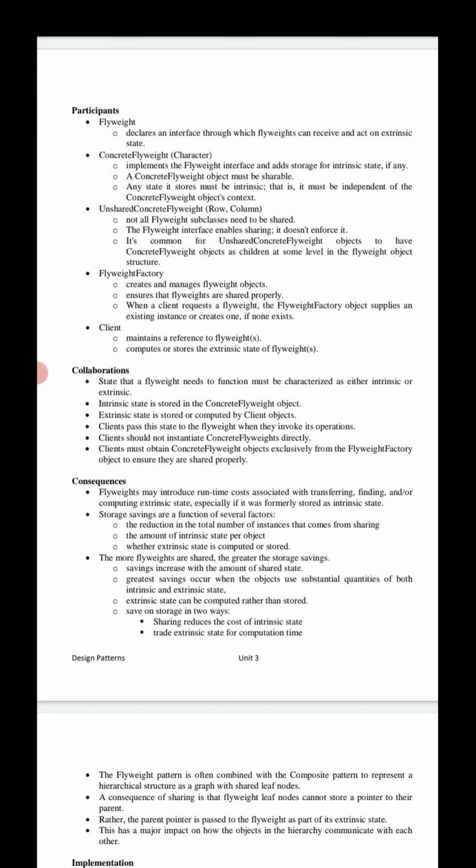Intrinsic state is stored in the concrete flyweight object, and extrinsic state is stored or calculated by client objects. The client passes this state to the flyweight object when it invokes its operations.